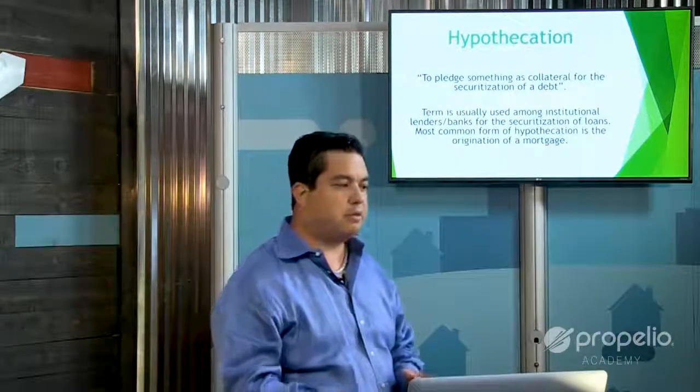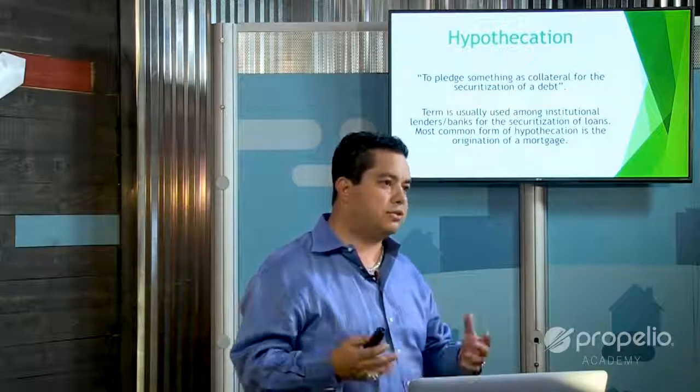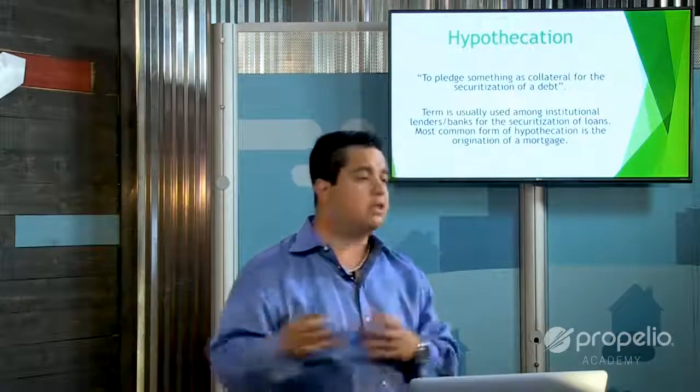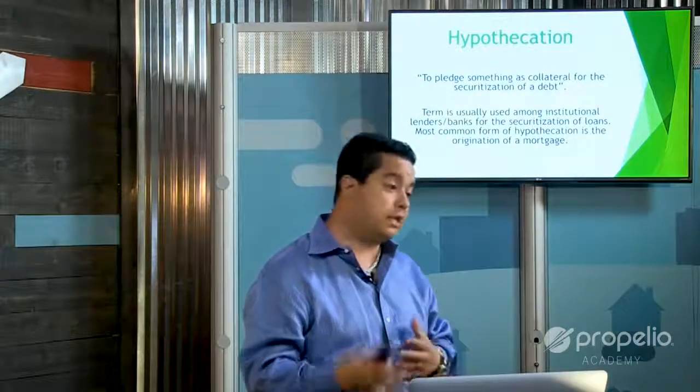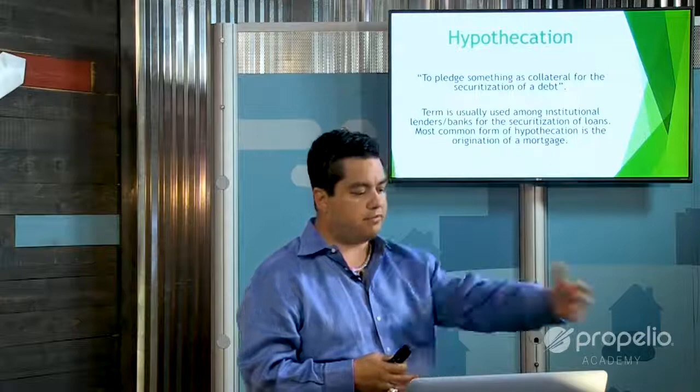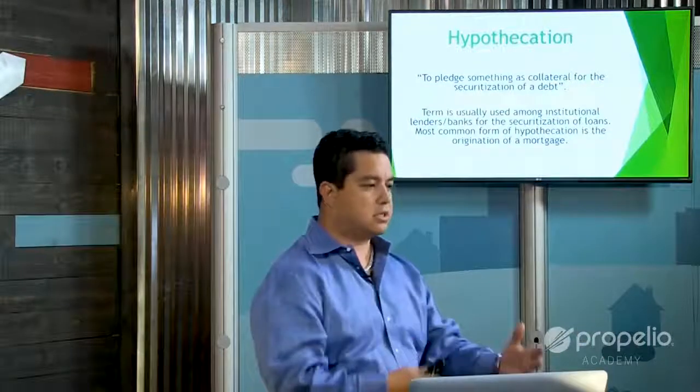A lot of people don't know this, but when you go out and get a traditional conventional loan and you pledge the house as collateral, congratulations, you've done hypothecation, or the lender has done hypothecation. They said, yeah, we'll give you this loan if you give us this home as collateral, and obviously you pledge to pay.